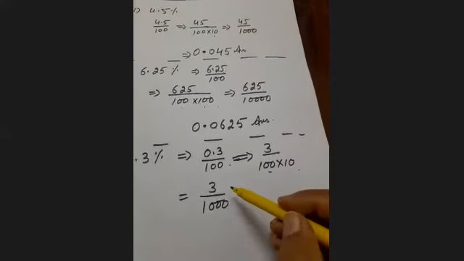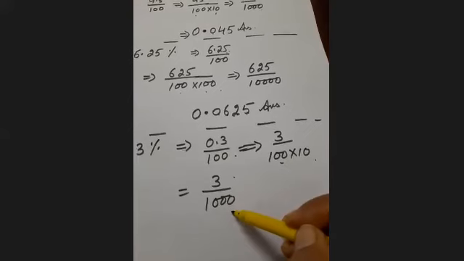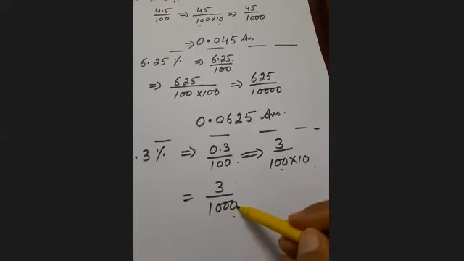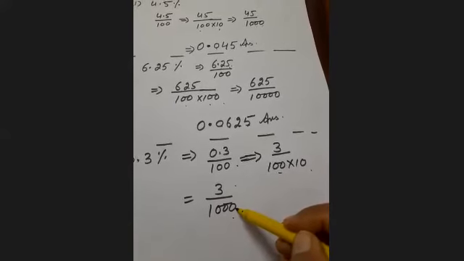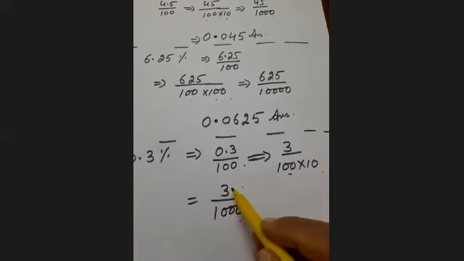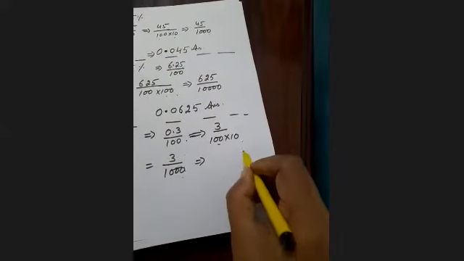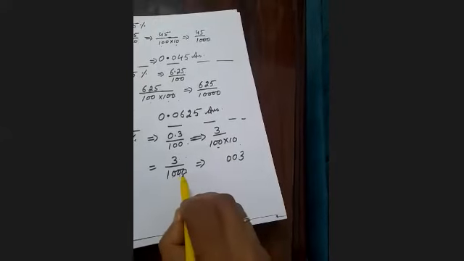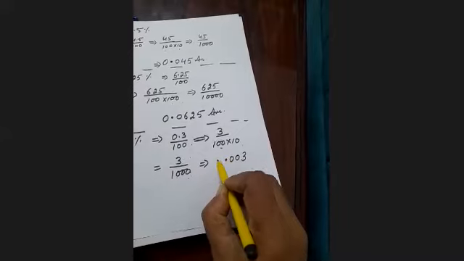Now our numerator is 3 and denominator is 1000. In the denominator we have 3 zeros, 1, 2, 3. So we'll put the decimal after 3 digits from the right-hand side. But here we have only one digit, so write this number as 0 0 3. Now 1, 2, 3. Now put your point.